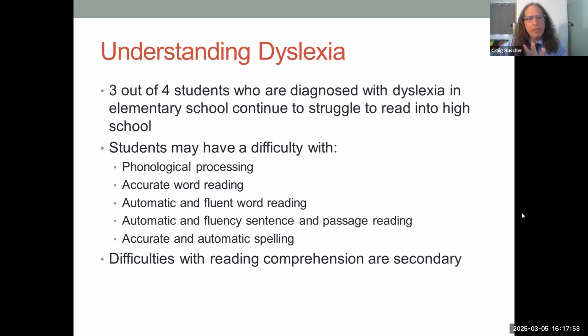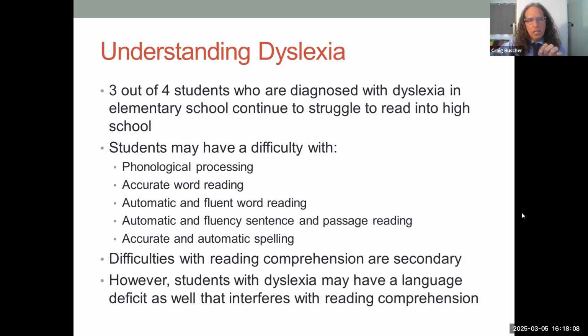If the child has been diagnosed with dyslexia and their verbal and language skills are strong, then these difficulties with reading comprehension are going to be secondary. I'm going to come back to this point, because sometimes students with dyslexia also have a language deficit.